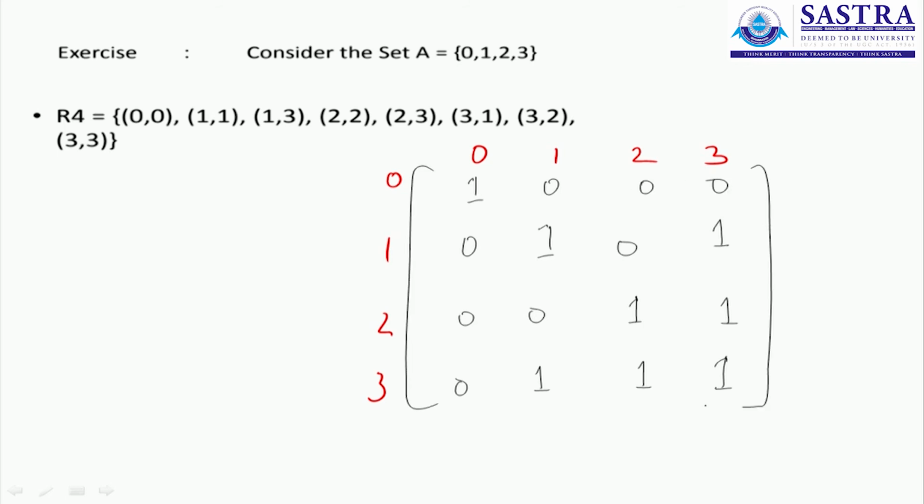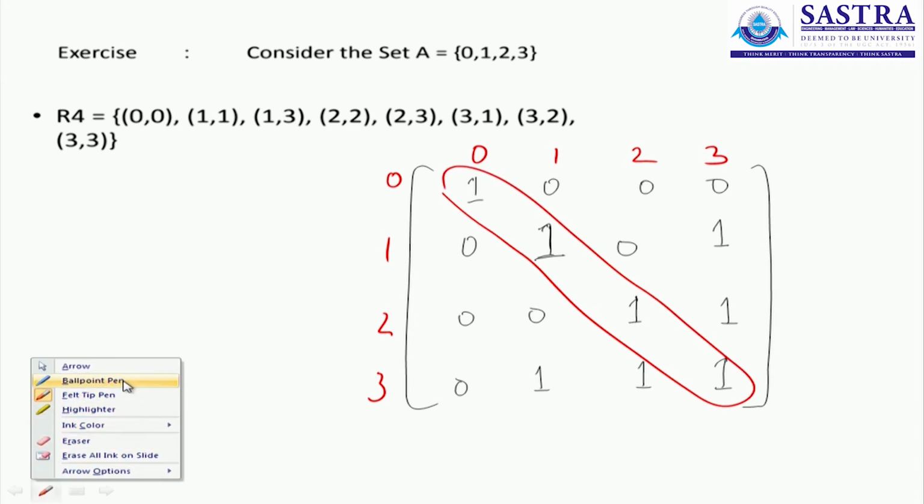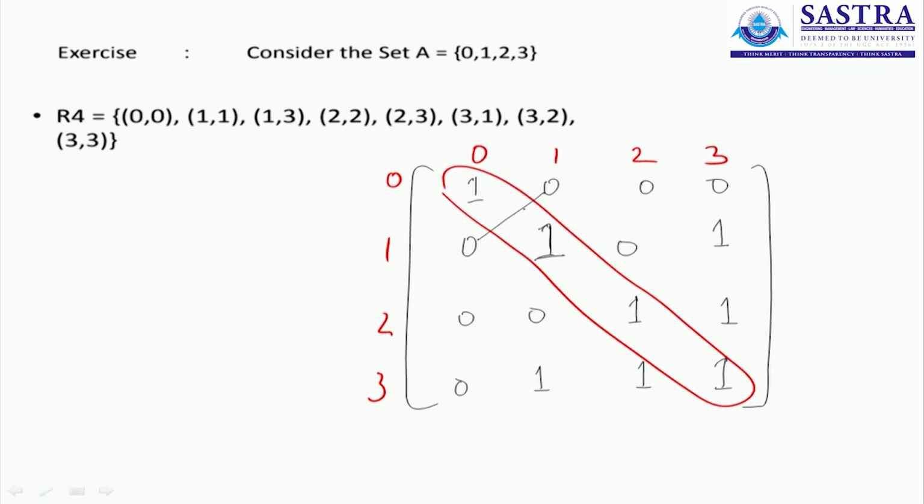This will give you a far more clear picture as to why this relation is called a symmetric relation. Look at the matrix. It's perfectly symmetric above the diagonal. That is the diagonal here. And look at the entries above and below the diagonal. They are symmetric. First row second column, second row first column.